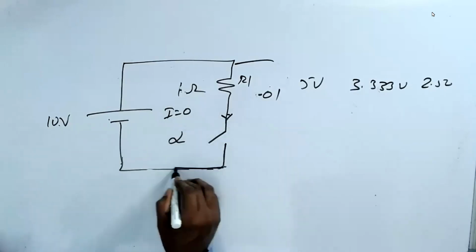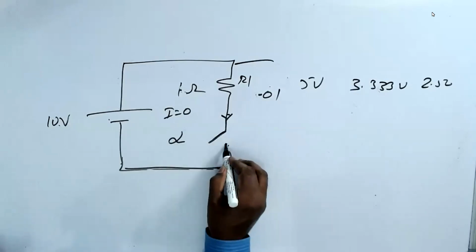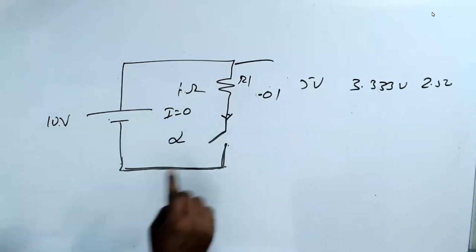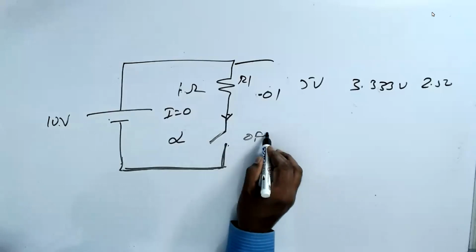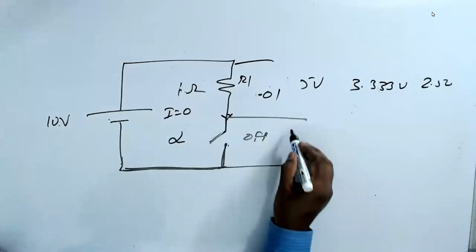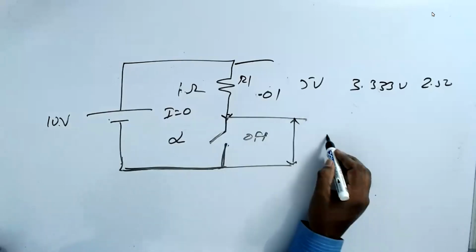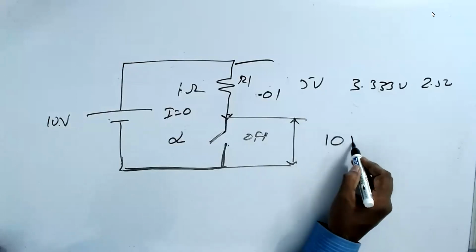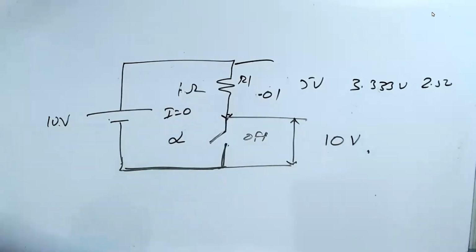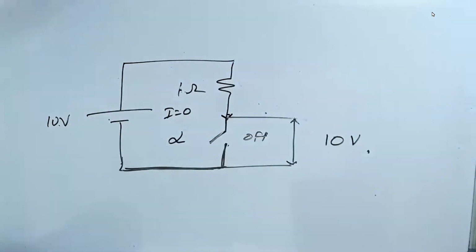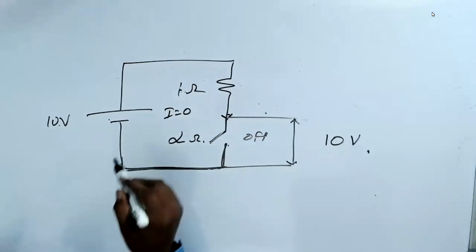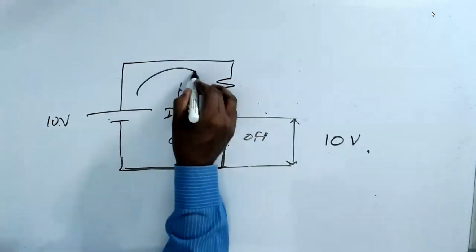A switch is on now. You understand? Sorry, the switch is off. When the switch is off, the voltage is how much? 10 volt. Do you agree with that? Because the switch is off, I is equal to 0.